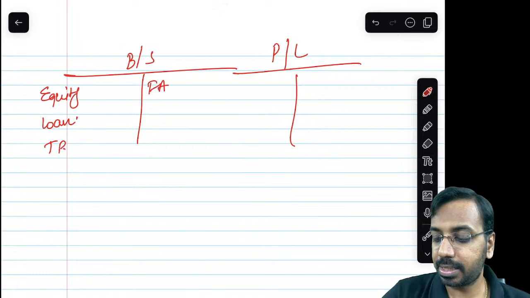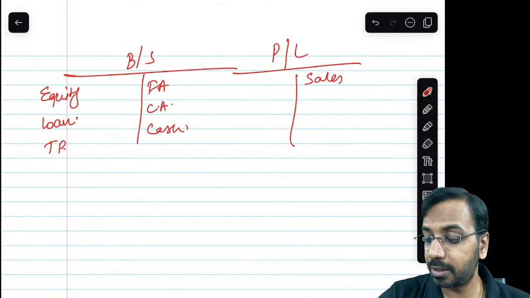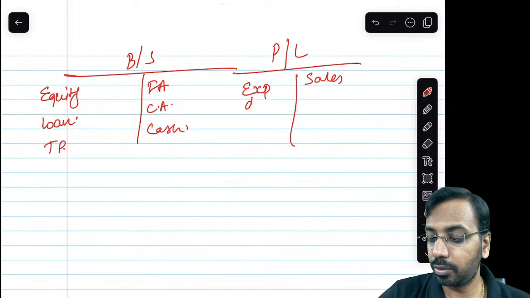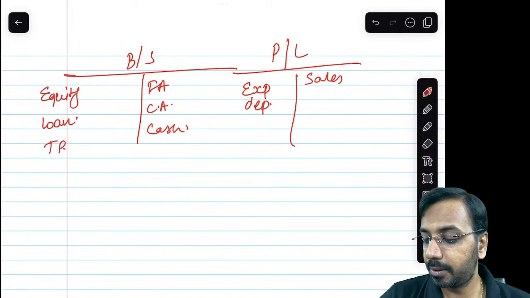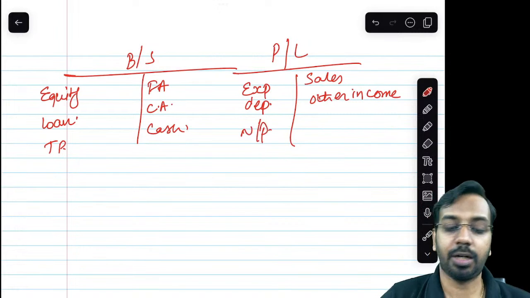You have fixed asset, you have current asset, you have cash. In the P&L you have sales, you have expenses, you have depreciation, you have other income, and then you have net profit.